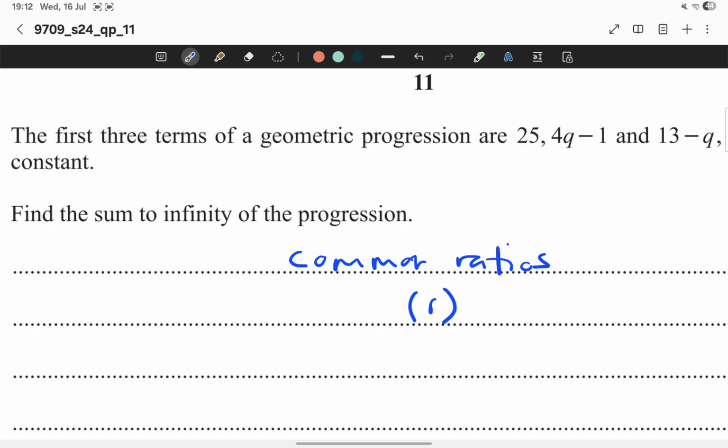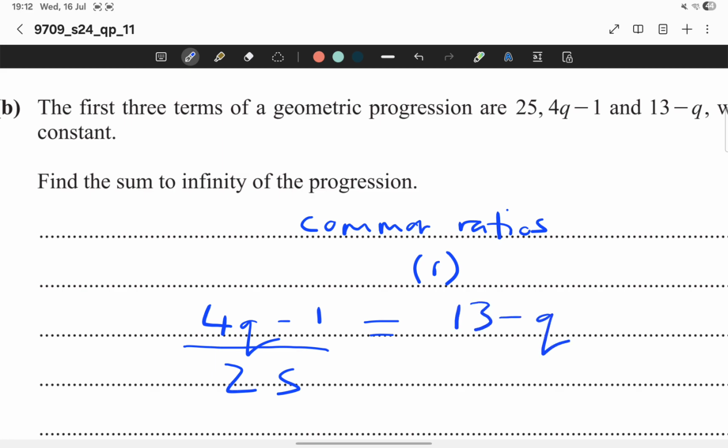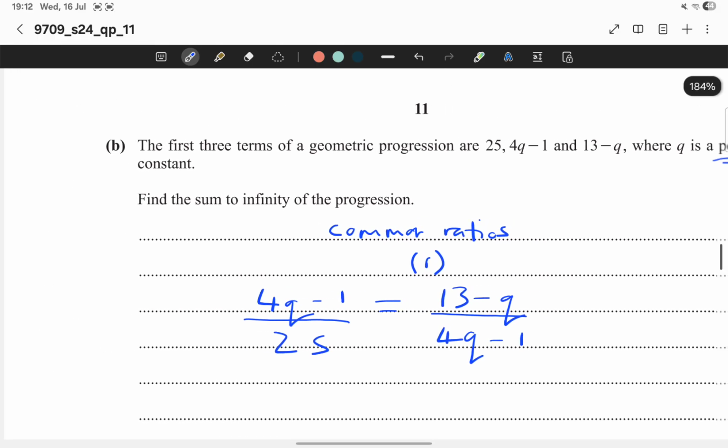That's how we get the ratios. So with this we have to say 4q minus 1 over 25 should give us the same result as saying 13 minus q over 4q minus 1, right?